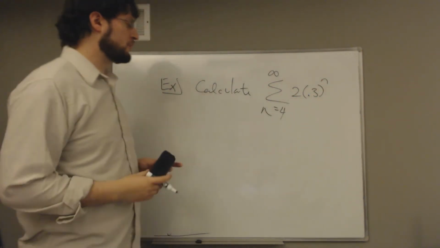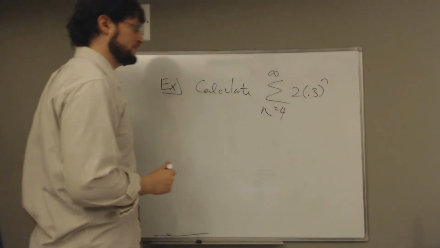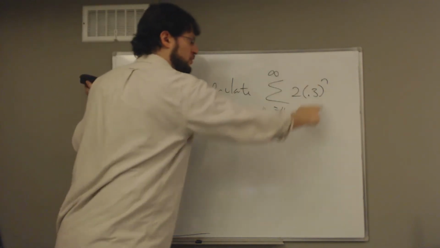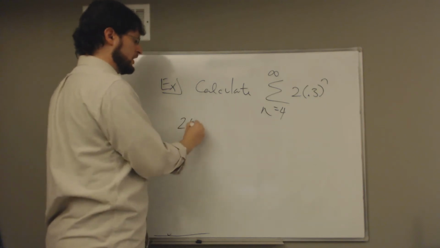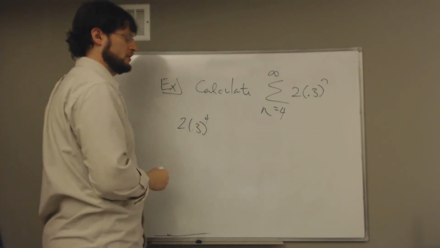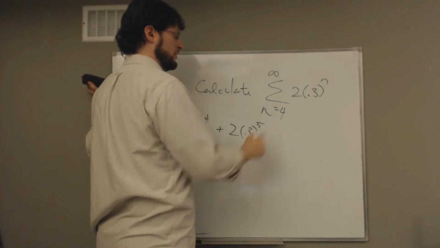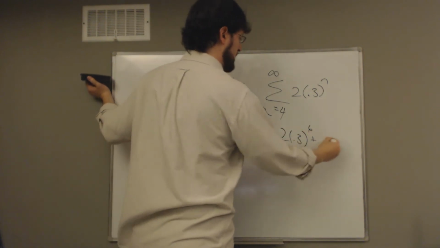Let's calculate the sum from n equals 4 to infinity of 2 times 0.3 to the n. All right, let's notice something. If I started to write this out, then the very first term would be 2 times 0.3 to the 4th power. The next term would be 2 times 0.3 to the 5th power, because now n is going up. The next term is 2 times 0.3 to the 6th power, and so on and so on.